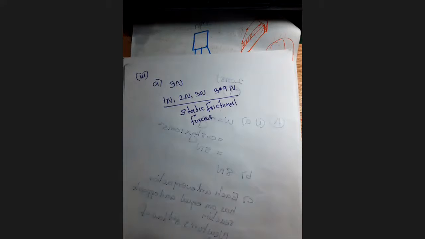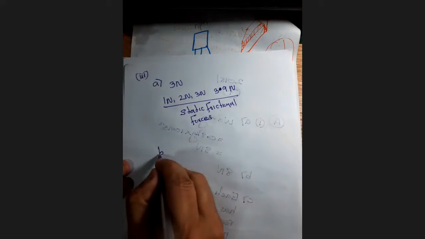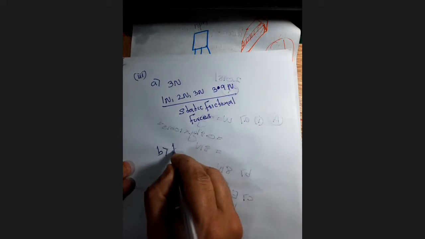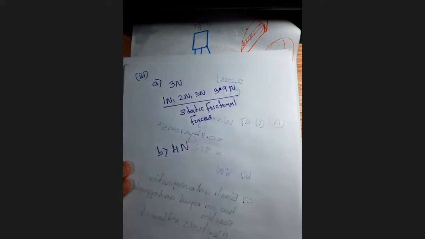Okay, they are static frictional forces. 4 Newton is the limiting frictional force. So that is going to be the question number B. What is the limiting frictional force? That is 4 Newton.